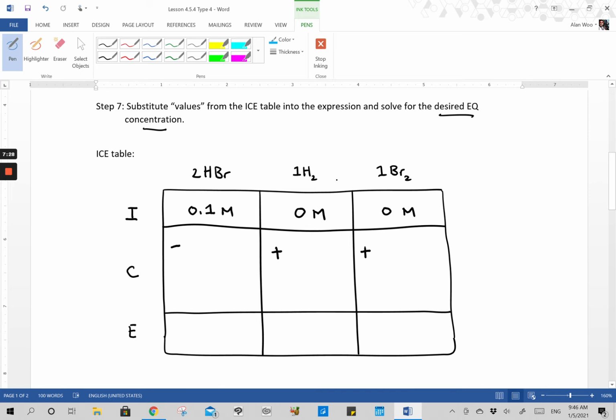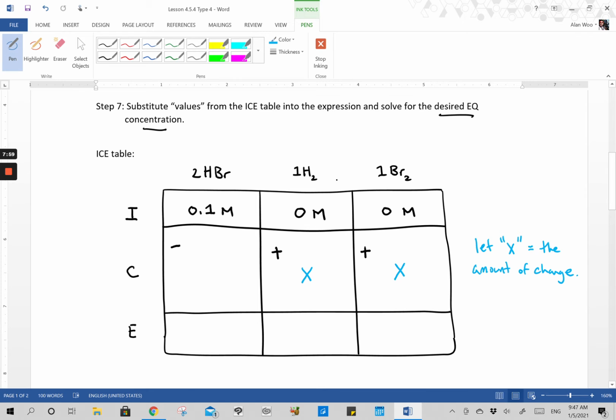So this is what we do. We will let X equal the amount of change. So we will say that you have an X here and X over here.